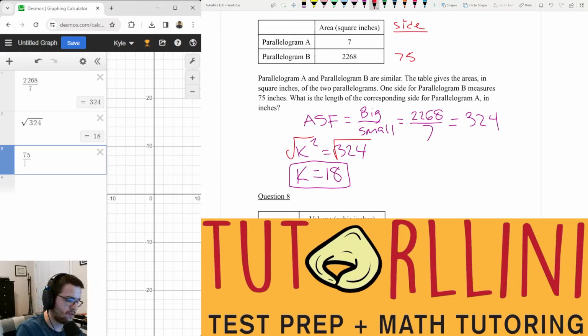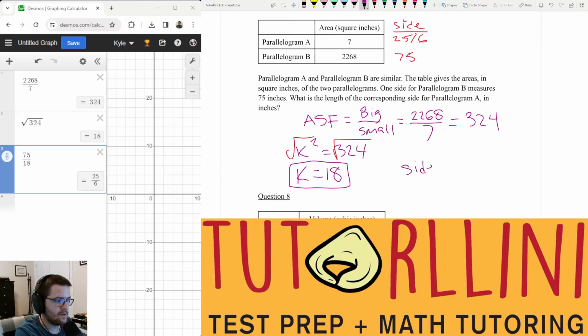So we're going to do 75 over 18. And you could put 4.166666 until you run out. But let's see if it simplifies: 25 over 6. Okay, let's put that 25 over 6. That's going to be our answer. The side of A is 25 over 6.